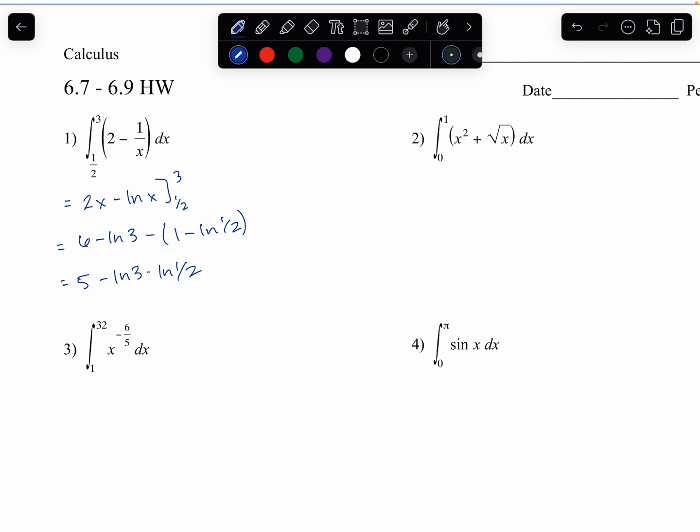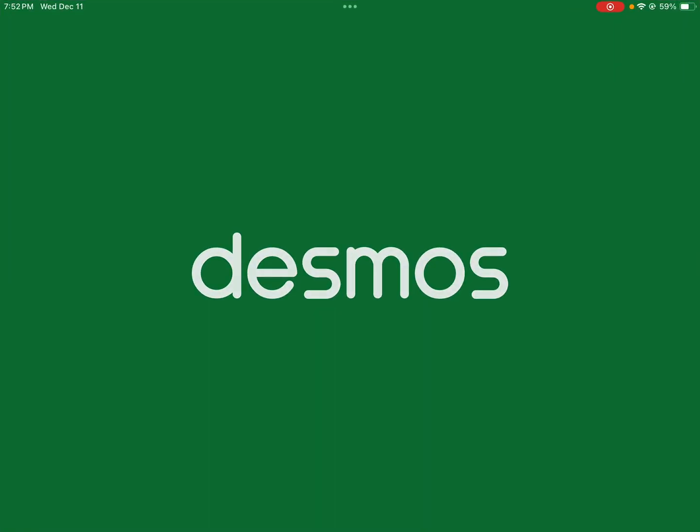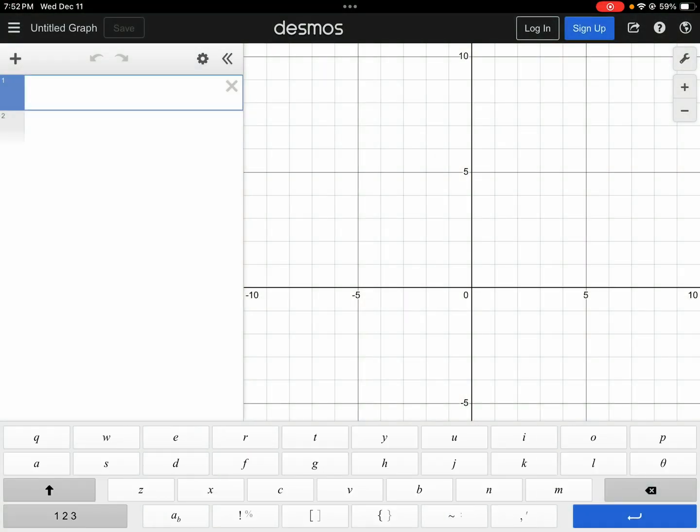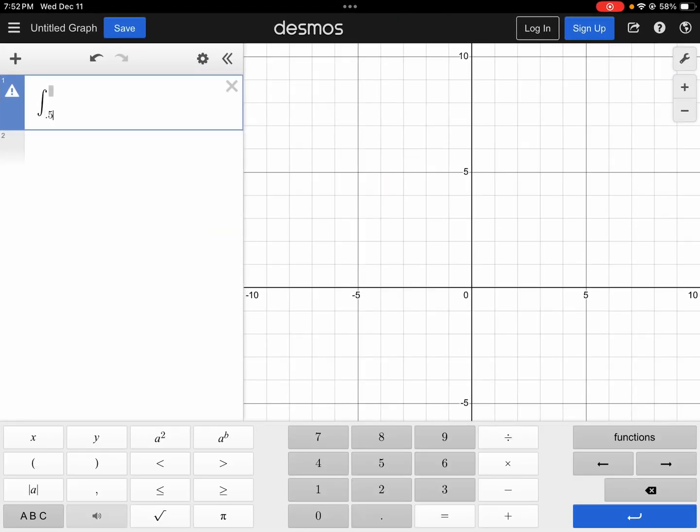So also, as you go, I think you guys should be checking your work. If you don't have a calculator, go to Desmos, and you can check integrals in Desmos. Whenever you have the line, you're going to type in int for integral, and you can see that the notation and everything comes up for you. We're evaluating from 0.5 to 3, and it's 2 minus 1 divided by x.